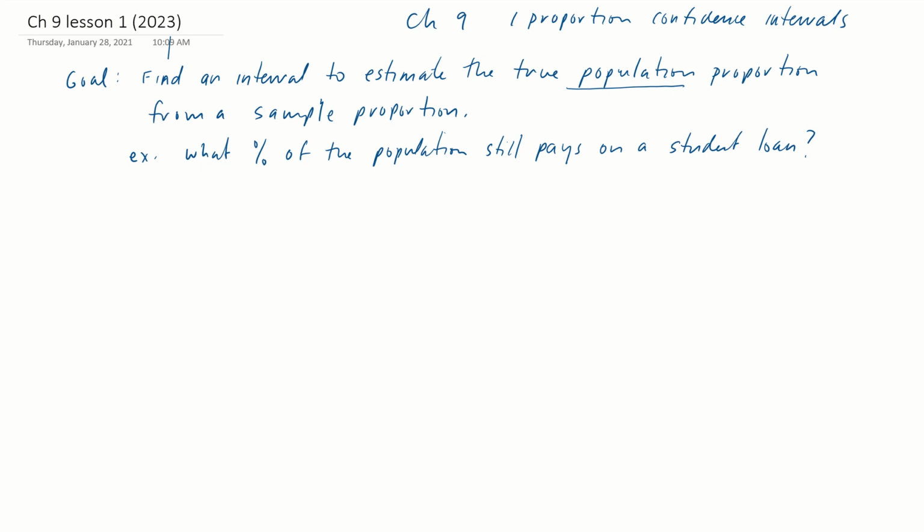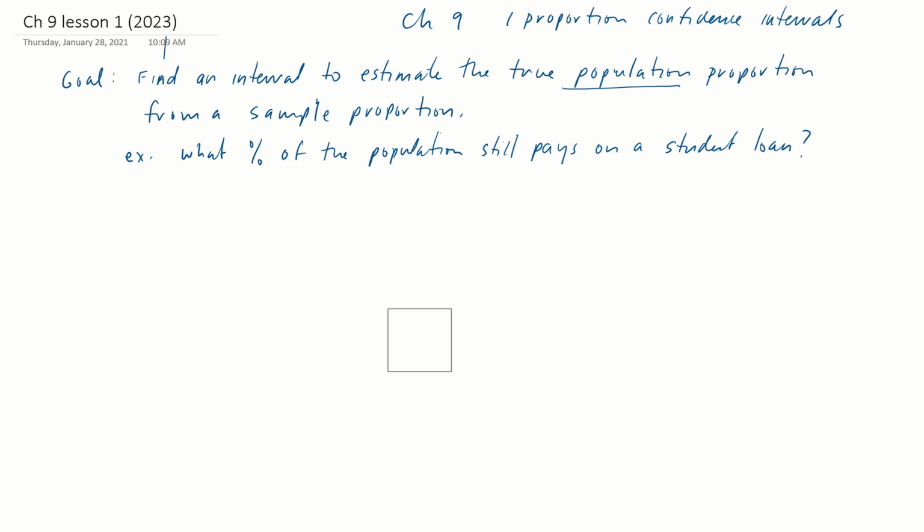Well, what we've done in the past is we've said, hey, let's just take a sample. Take a random sample of n equals 100, and further suppose we find that 37 have a loan.